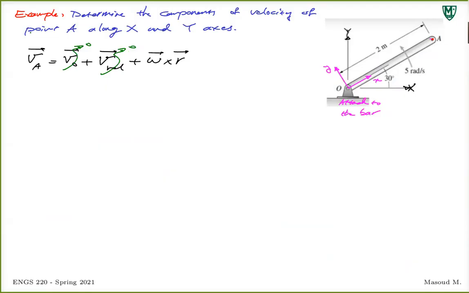Again, how do you figure out V relative? Wherever you put your local frame, assume that it's frozen. It cannot move. Now, if it doesn't move, can the point you're studying move? Since the frame is attached to the bar, if the frame is frozen, the bar is frozen, so point A cannot go anywhere. So there is no relative motion between A and the frame.